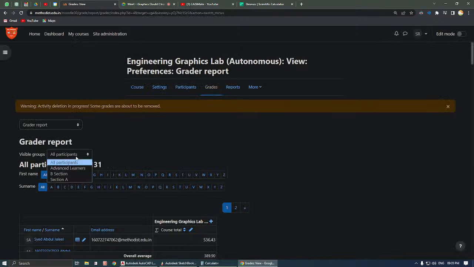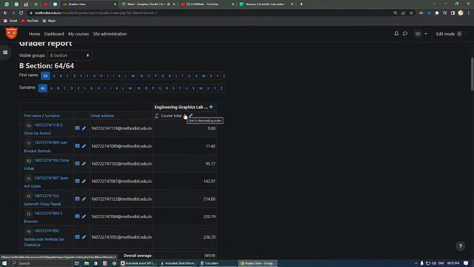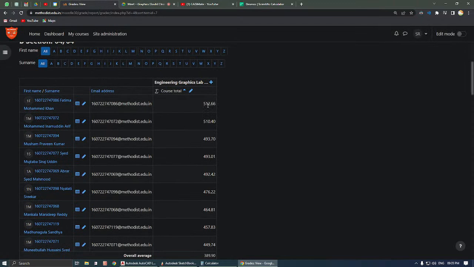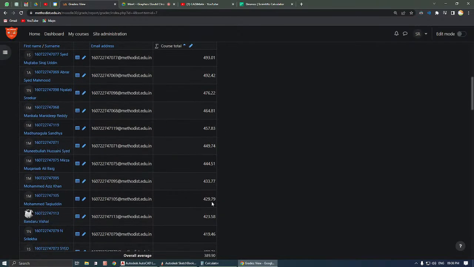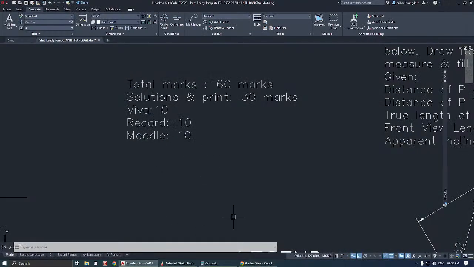Okay, B section. You can see maximum 500, two students have crossed. So those who are having 500 or more will get full 10 marks. Those who are having a little less than that, I will just divide it by 50. Whatever value I get, that will become your marks.